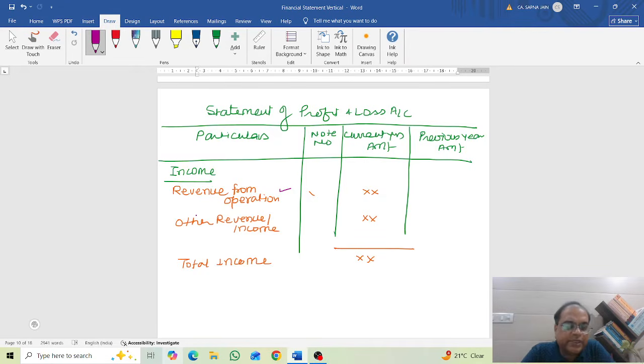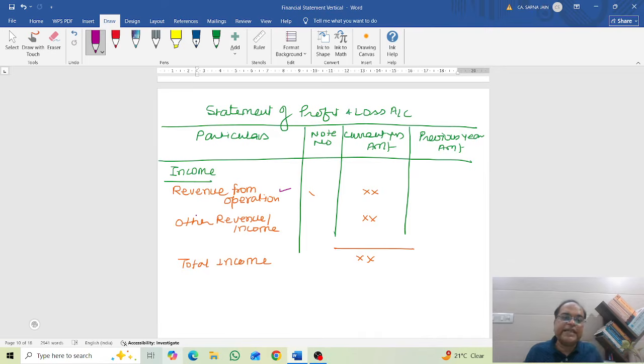Suppose, just as an example, for a coaching center or an institution, the main object of such institution is sale of service, providing education to students. Suppose such institution sells books along with the service. So sale of service and sale of books are all revenue from operation.